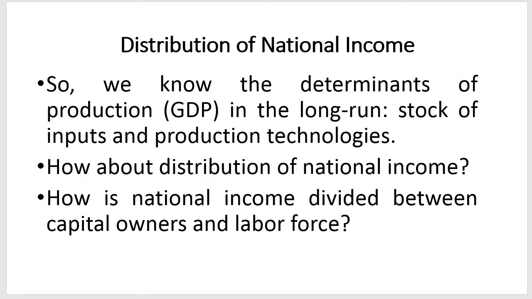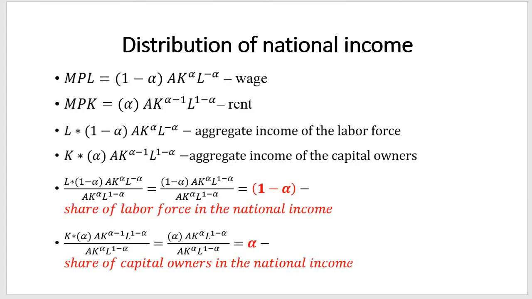So at this point, we can use this analysis in order to discuss the distribution of national income between two groups of stakeholders, which are capital owners and the labor force. Okay, so the marginal product of labor is equal to the first derivative of the production function with respect to labor, which we have already calculated, and this is equal to wage.